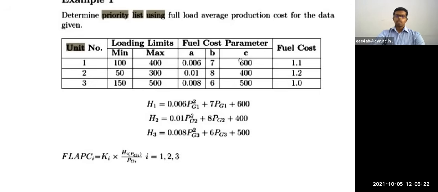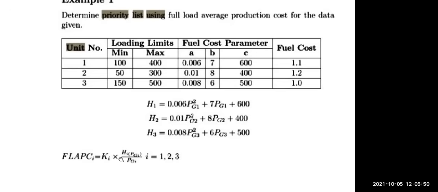The fuel characteristics are also given, combining A, B, and C. For unit 1, A is 0.006, B is 7, C is 600. Then the fuel cost is given as 1.1.